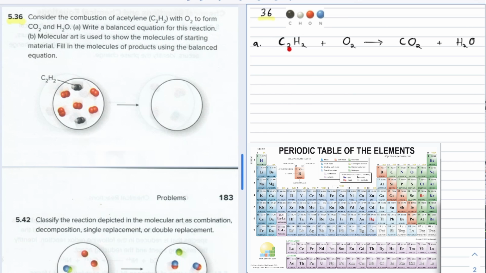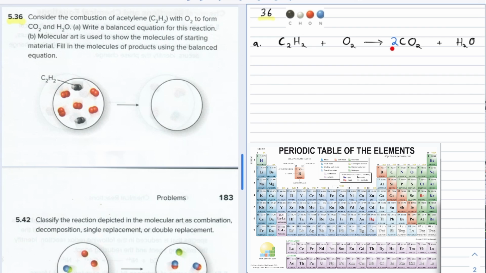So 1 times 2, two carbons on the left. And then 1 times 1 is 1 carbon on the right. So we need to bring this up to a 2. And we do that by writing a 2 here. So that affected the carbons and the oxygens, but we haven't addressed oxygens yet, so that's not a problem.